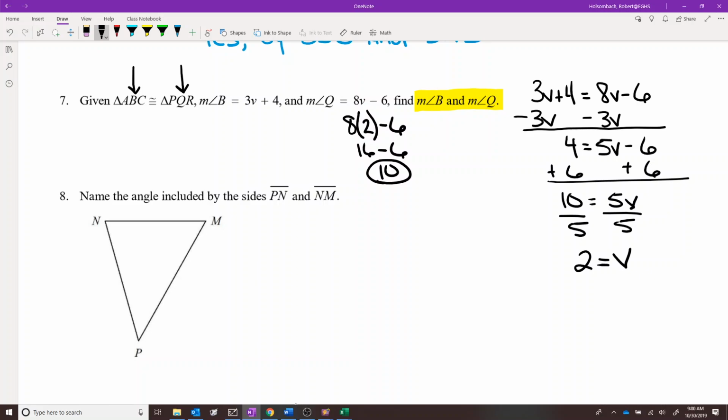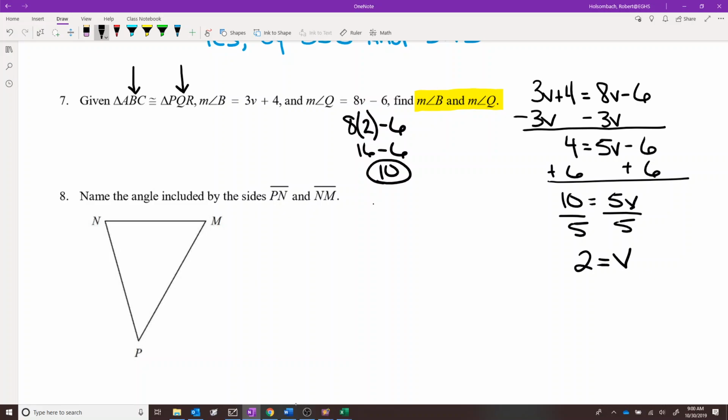Alright, number 8. Name the angle included by the sides PN and NM. If you closed your eyes and I read it to you, if I said to name the angle included in the sides PN and NM, which angle is included in those two sides?